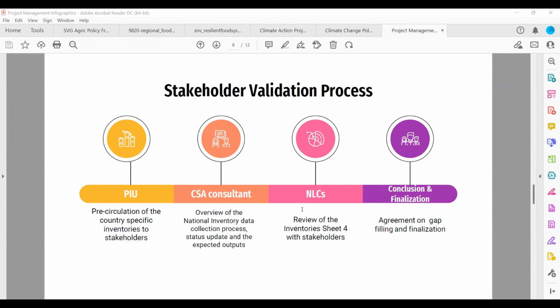Overview of the data collection process, that's my role here, and the review of the inventories. The NLCs in the breakout room will take you through a review of what they have put together, and we have a specific feedback sheet to take your feedback throughout that session. I think we'll use 30 minutes for that.